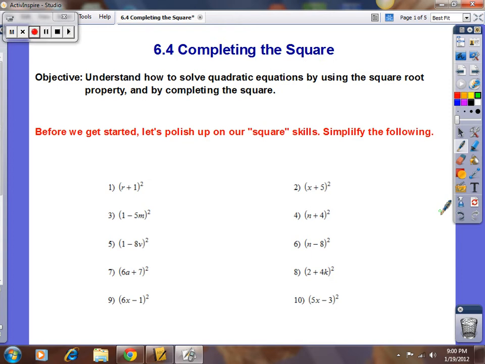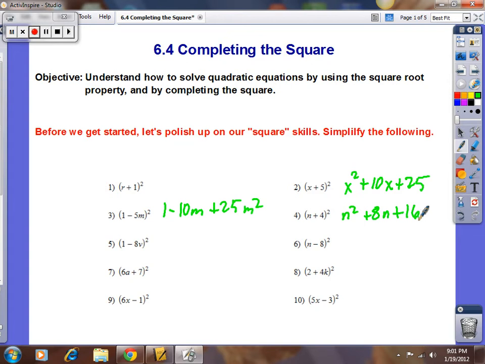Alright, so let's check your answers. Number 2, you should have x squared plus 10x plus 25. And then number 3, you should have 1 minus 10m plus 25m squared. Number 4, n squared plus 8n plus 16.